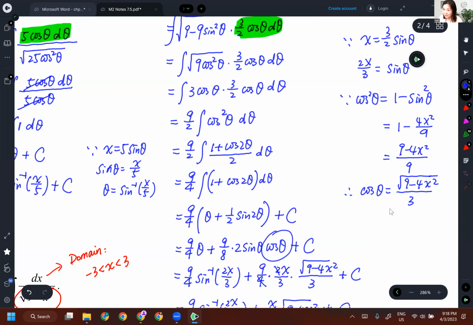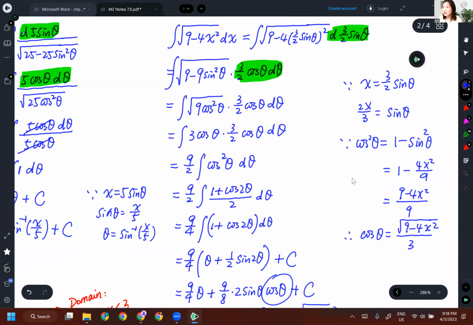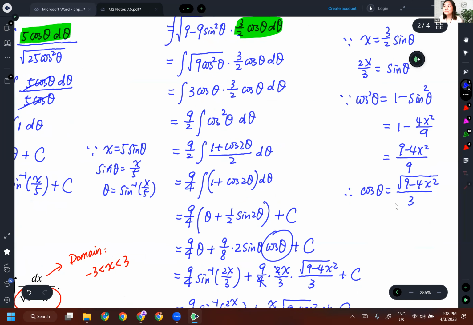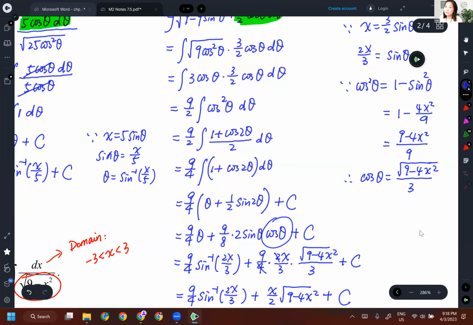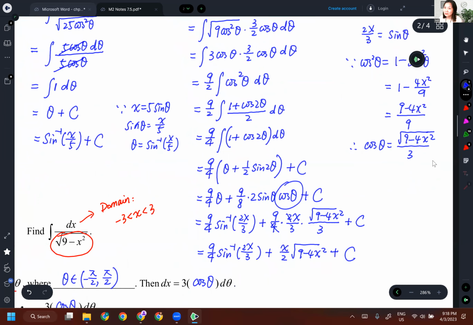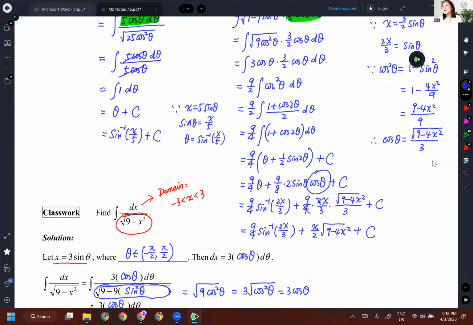But luckily, in this question, because we have a principal value, when you have cosine, you always take the positive root. You don't have to consider whether it is positive or negative. It's always positive. That is the tricky part of this. Now, as I said, do you really have to know this in detail?